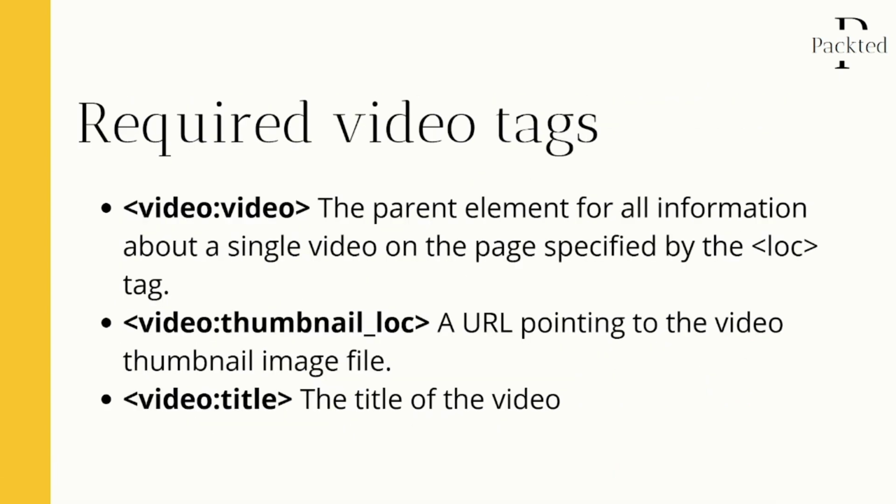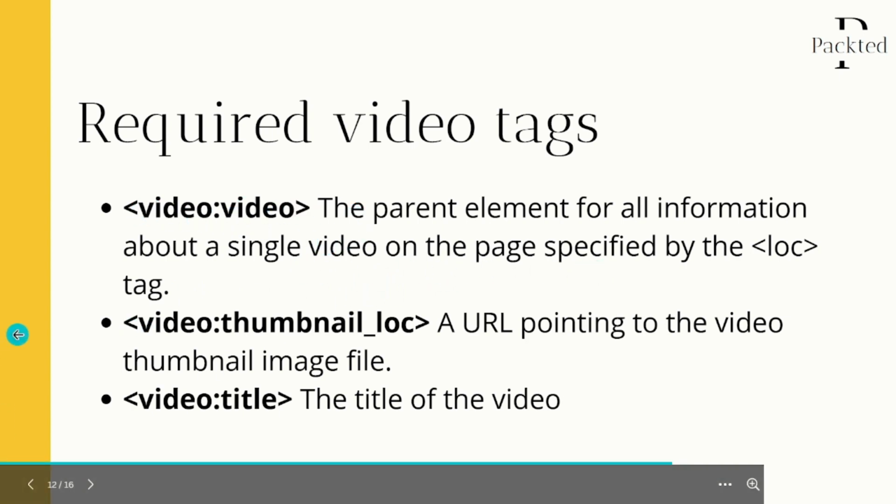So here we are talking about some of the required video tags. The first one is video. This is the parent element for all the information about a single video. This is just like we talked about with the news and the image. This is just a parent tag. The next is the video thumbnail location.